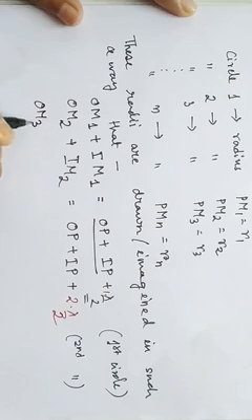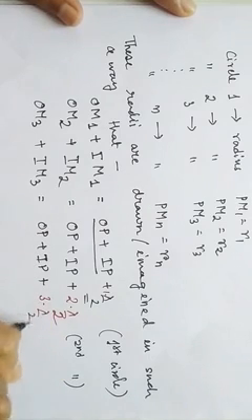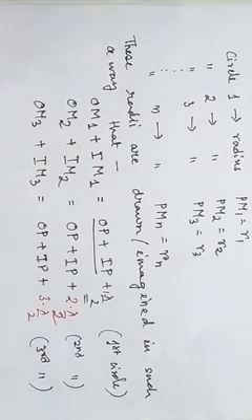Similarly, for the third circle, we have this relation: OM3 plus IM3 equals OP plus IP plus 3 into lambda by 2. So this is for the third circle.